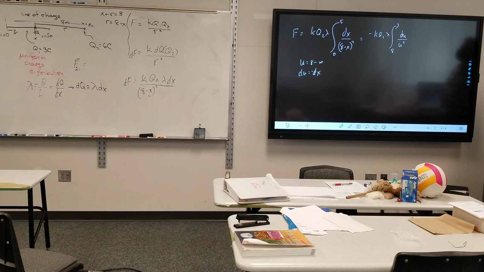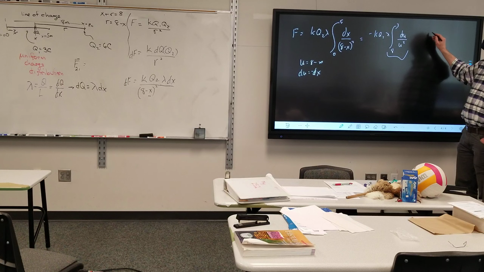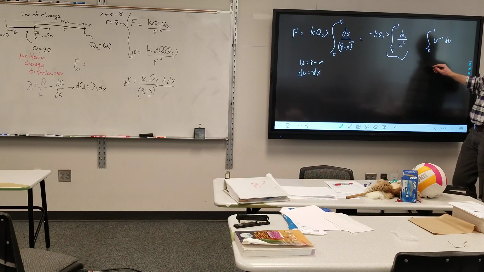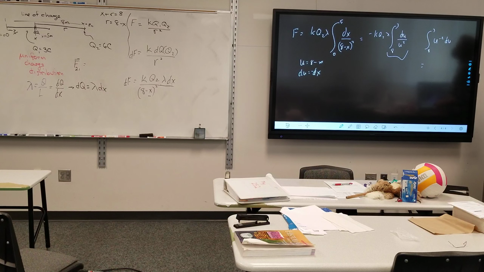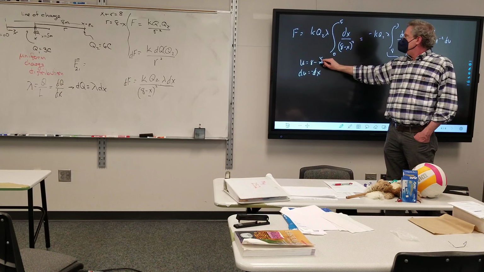Now we've got u squared at the bottom. So looking at just the integral piece, integral from 8 to 3 of u to the negative 2 du.